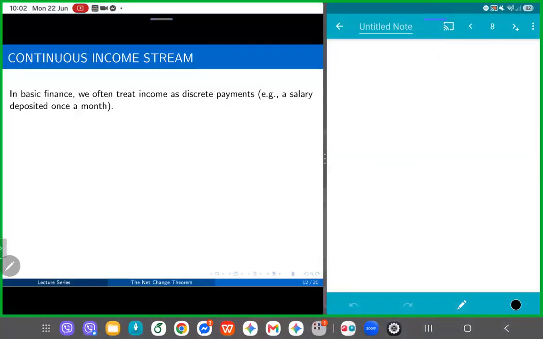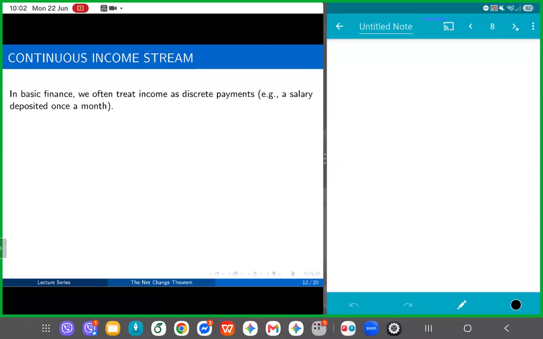Income is usually given monthly or semi-monthly, right? Or sometimes some companies give salary or income weekly or sometimes daily, as in some manual labor. But let's say that income is being given continuously.